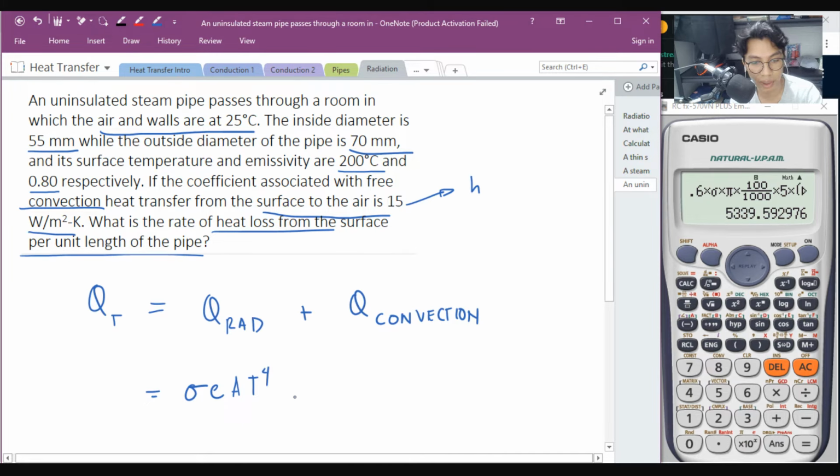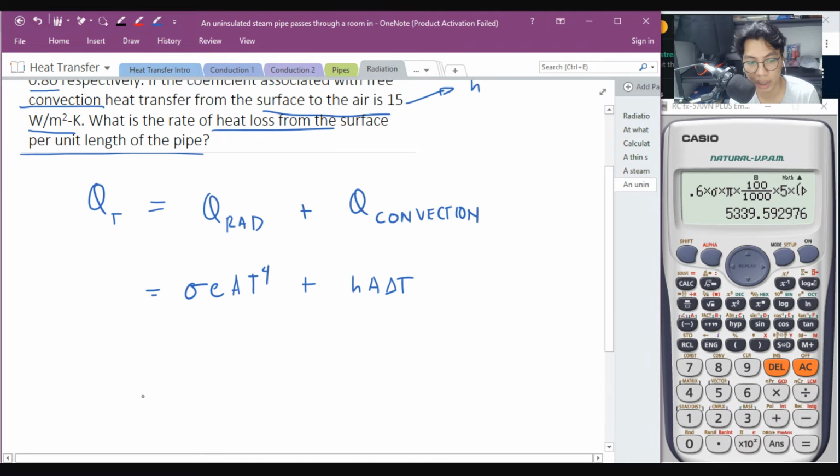Plus, yung convection. Ano yung convective heat transfer? Going back to convection, di ba ang convective heat transfer is h, area, tapos delta T.